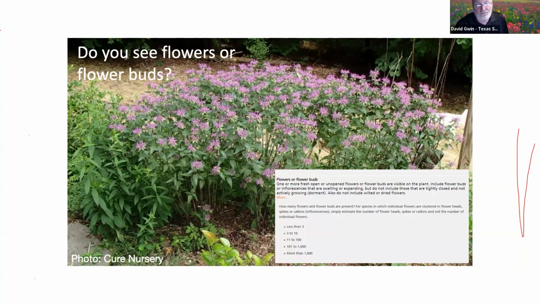the question asks, do you see flowers? And you'd say, yes. The next question, if you were getting good at this, it would say, how many flowers? Well, the way we do that is we do estimating. So you could say, okay, this is a circle. That circle has 10 heads in it. And I think I could probably estimate that there's 10 of these circles over my patch of plants.